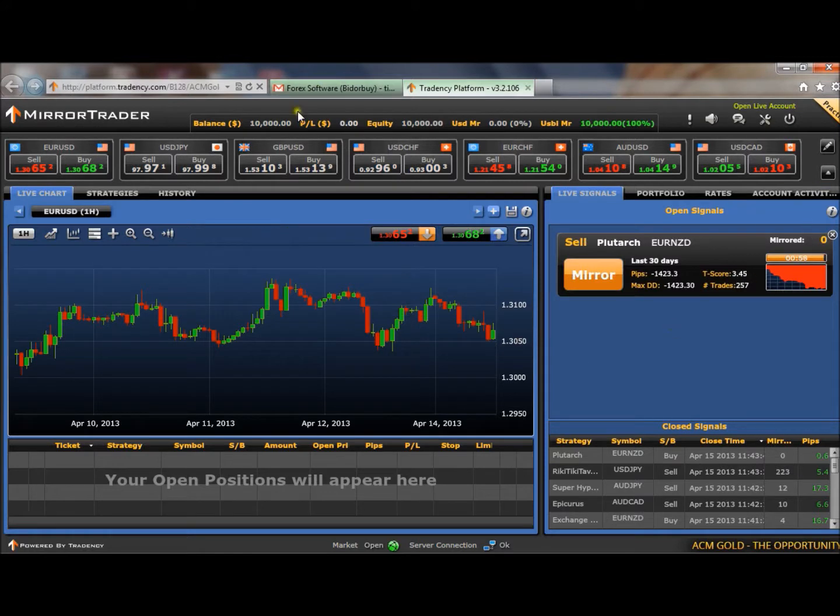Alright, so this is the basic platform. This is the Mirror Trader platform, and the advantage the Mirror Trader platform gives you is that you can actually copy other traders, and you can copy traders that have a lot of experience, a lot of knowledge in Forex trading, so you don't have to actually sit and build up that knowledge and that experience over a long period of time.